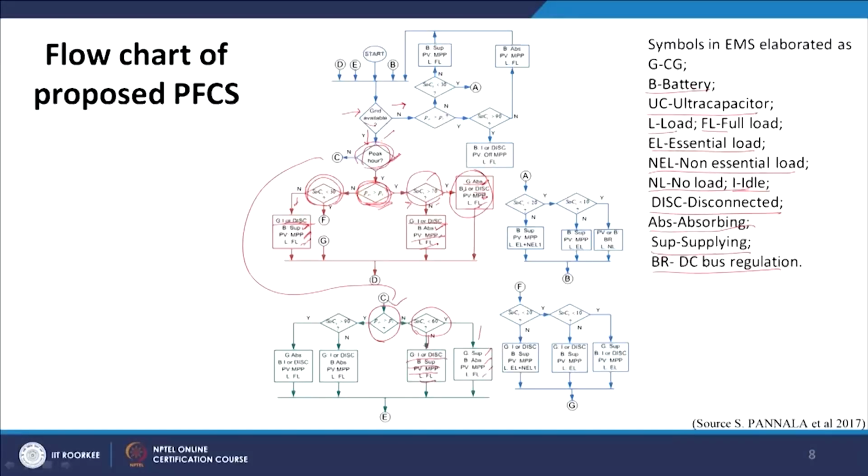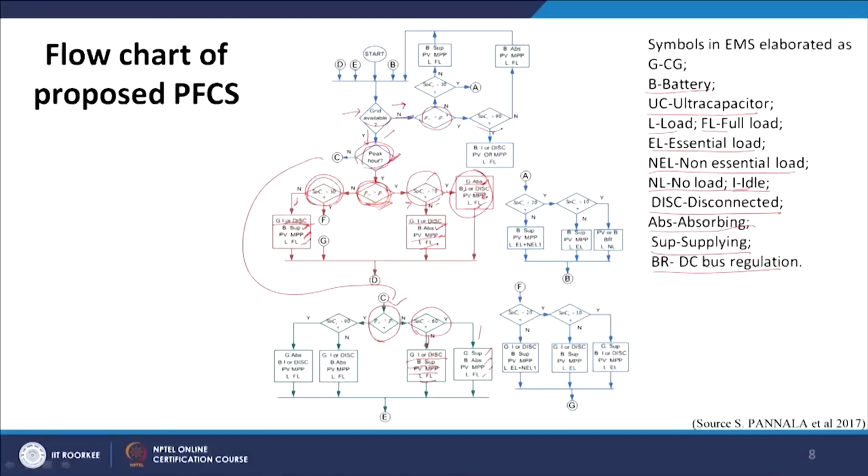Now, one more important case: let us say the grid is not available, which is the islanded condition. Then you check whether the PV is greater than PL. The grid is not there, but PV is more, which means you have more generation than load.